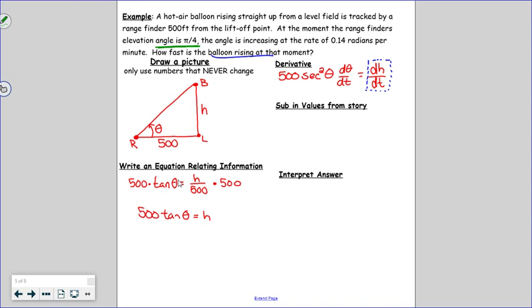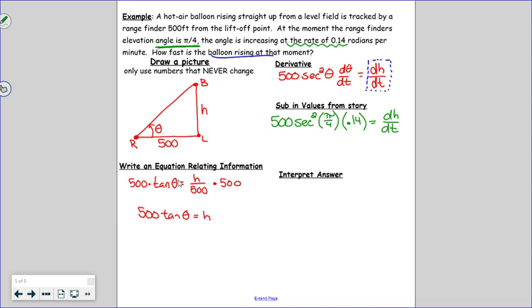So I plug in pi over 4 for theta. The angle is increasing at the rate of, there's our rate of change of our angle, the d theta dt. So for d theta dt we put in 0.14, and we already talked about that dh dt is our unknown. That's what we're trying to figure out.